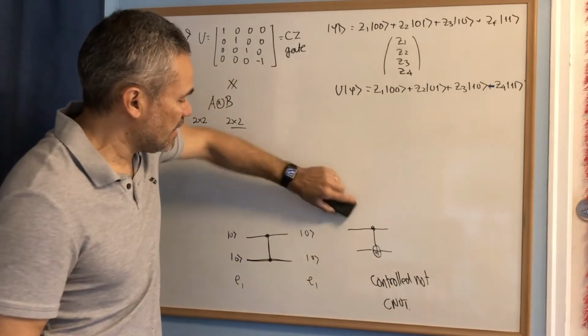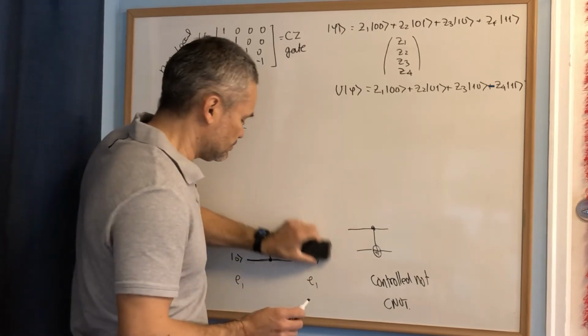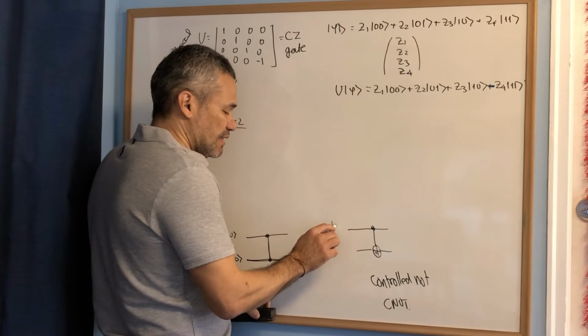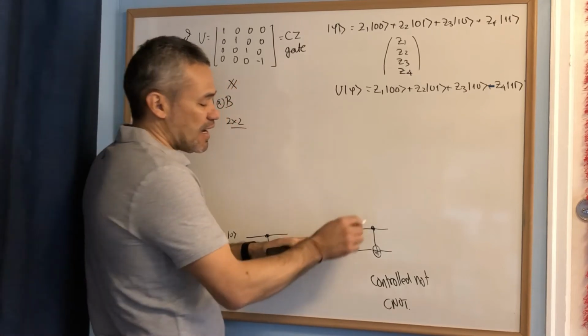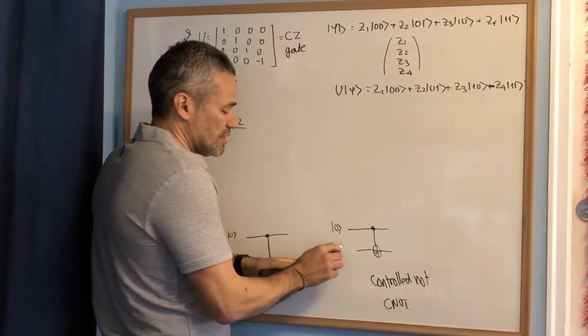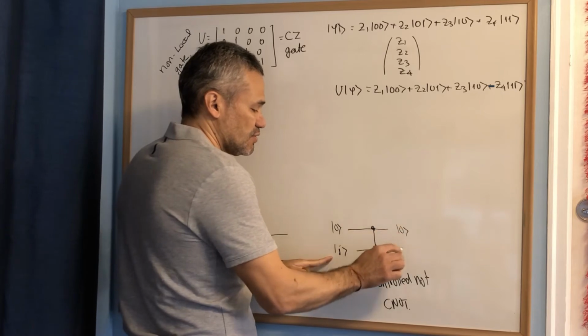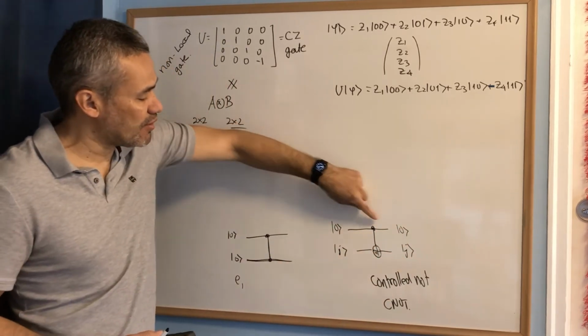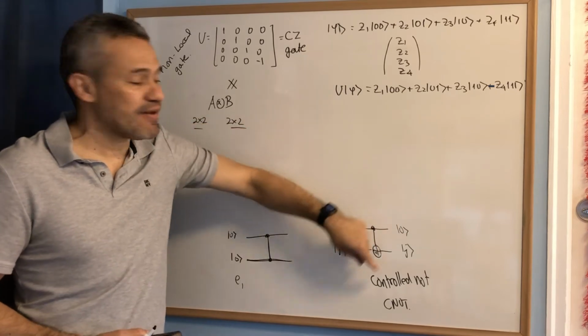It means that when the state here is 0, nothing happens to this. It will go just to the same, because the control qubit is at 0. When the control qubit is at 0, nothing happens.